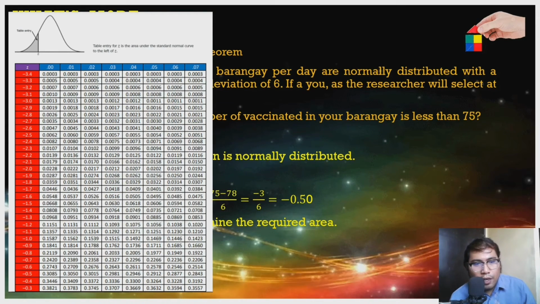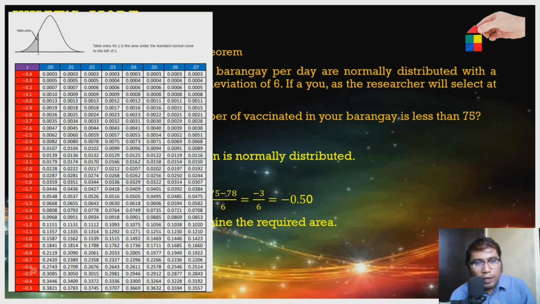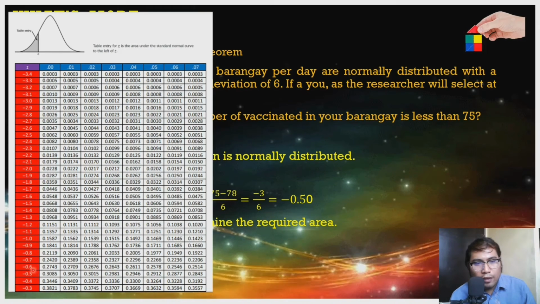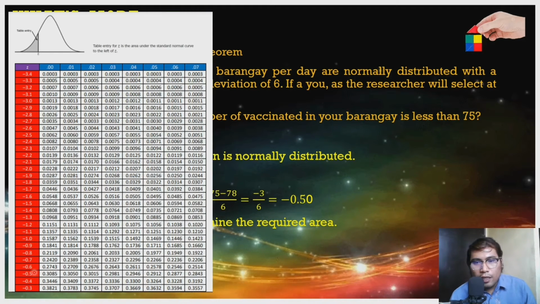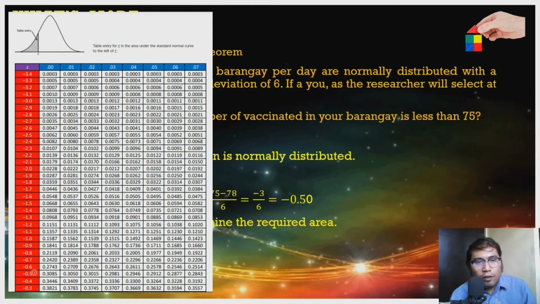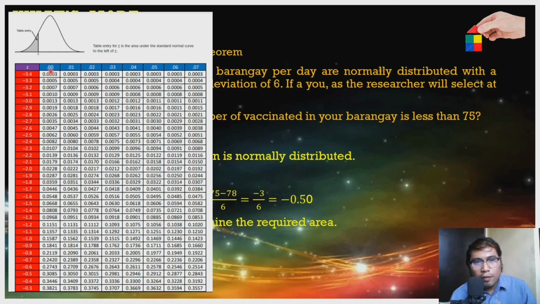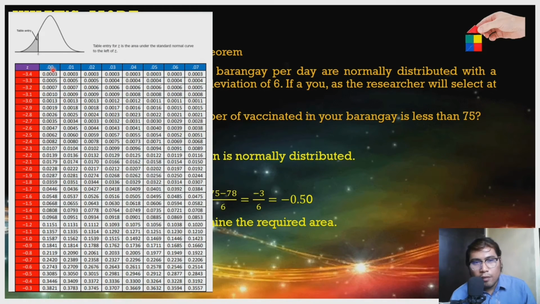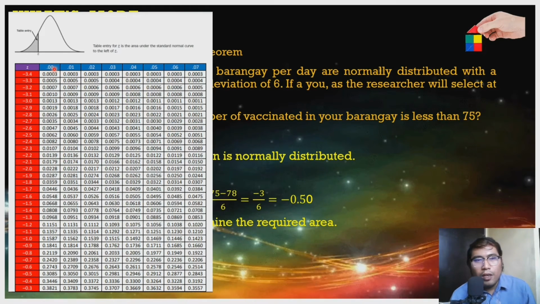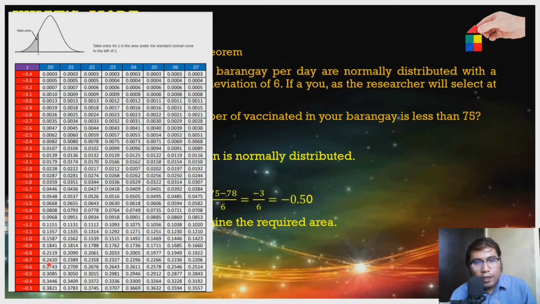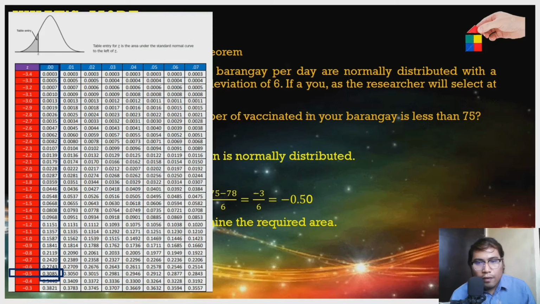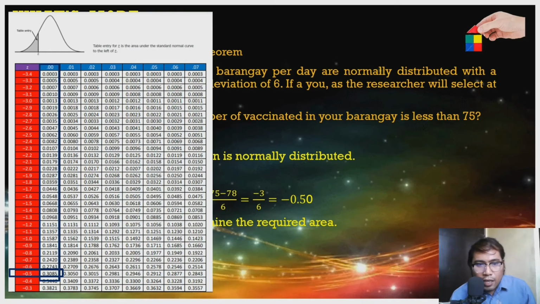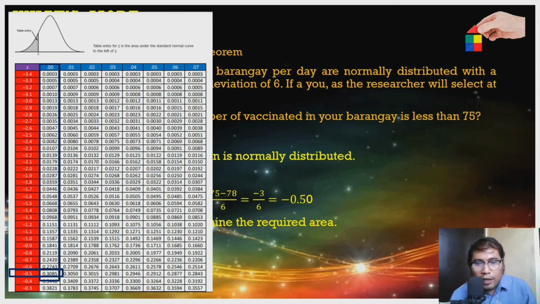In here, at the table, we can find it right in here. The second decimal place is 0, so in the second blue column we have 0.0. Putting them together, crossing each other, you'll get the value of negative 0.50 as 0.3085.